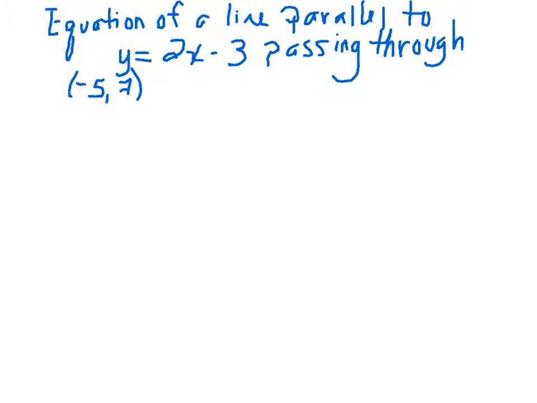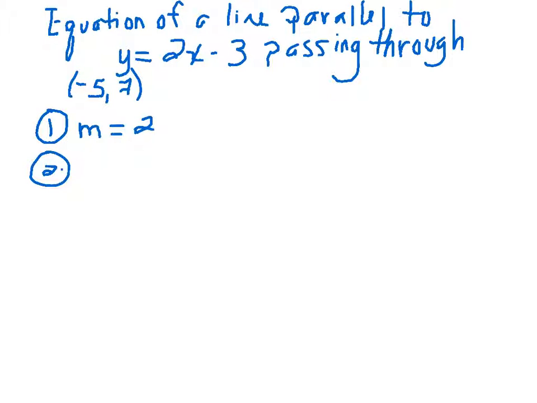Could be goopy, but we'll see. So we want to find the equation of a line parallel to y equals 2x minus 3, which passes through negative 5, 7. So again, we look at the first equation that they gave us. We can get the slope right from there. It's the number in front of the x, so our slope is 2.